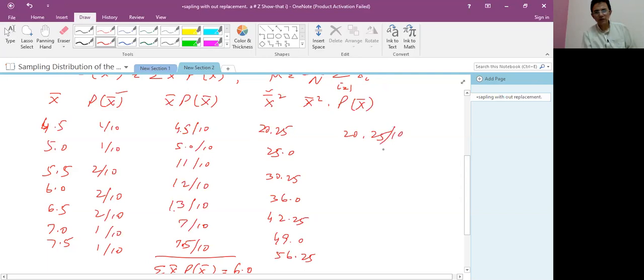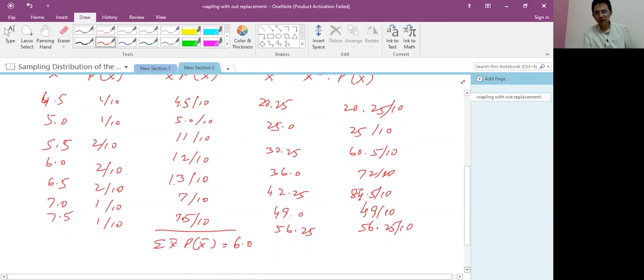25 divided by 10, 30.25 multiplied by 2 means 60.5 divided by 10, 36 multiplied by 2, 72 upon 10, and 42.25 multiplied by 2 means 84.5 upon 10, and 49 multiplied by 1 means 49 over 10, and the last value is 56.25 divided by 10.